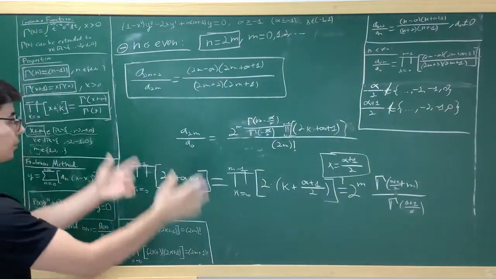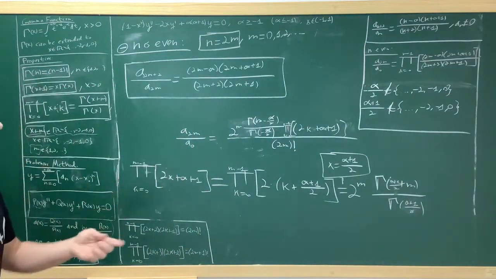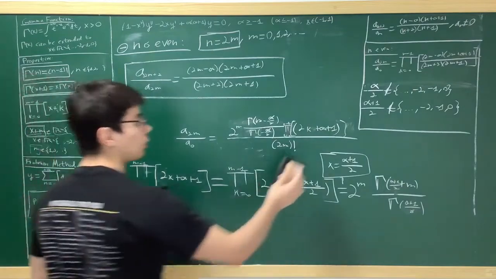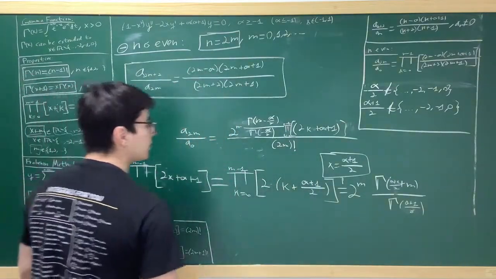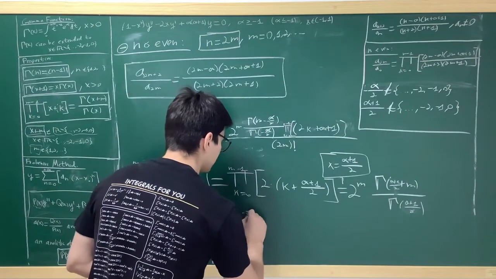Let me just write this a bit more clean, because I am writing this really horribly. So this other one was just m of m minus alpha over 2.